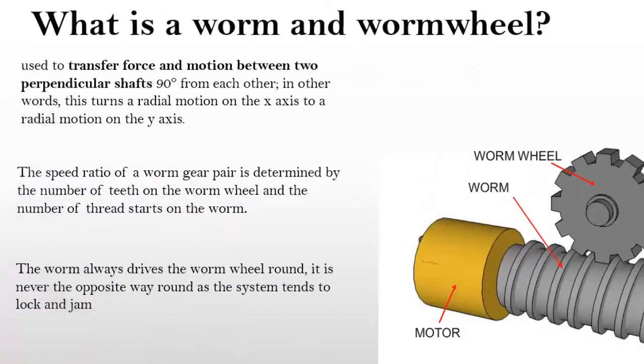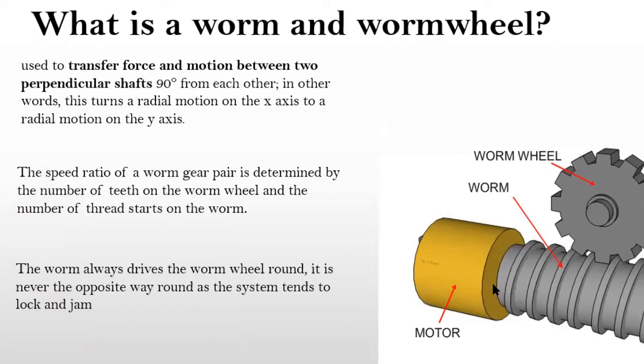What do we mean by worm and worm wheel? As I mentioned in the introduction, this one is the worm and this one is the worm wheel. Why are we interested in this mechanism? This mechanism normally transfers force and motion between two perpendicular shafts.